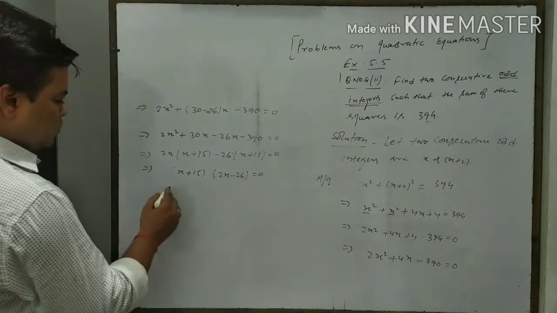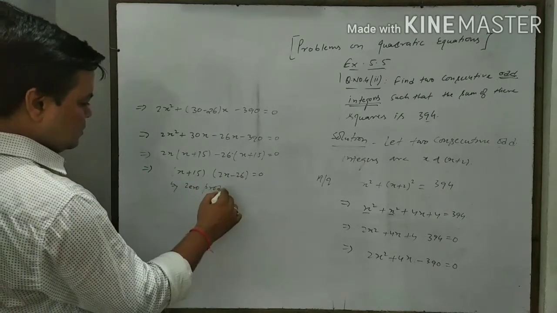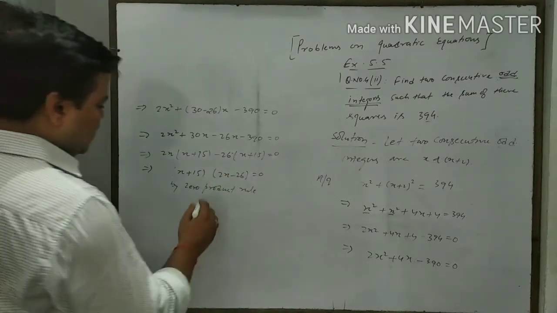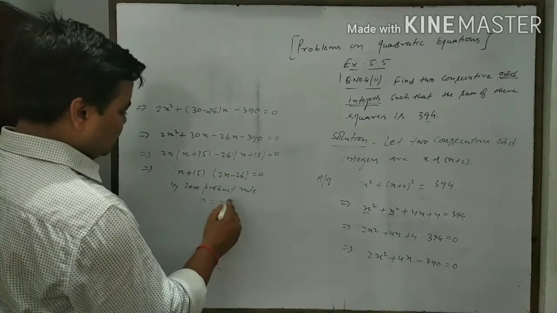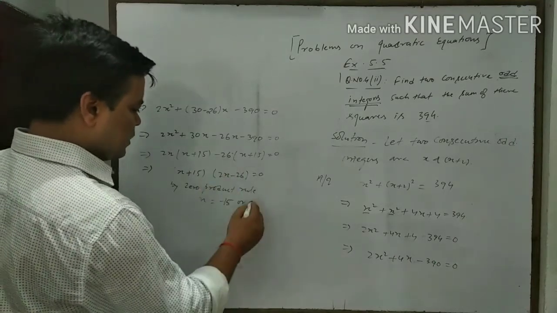So using now zero product rule, x will be minus 15 or 26 by 2, that is 13.